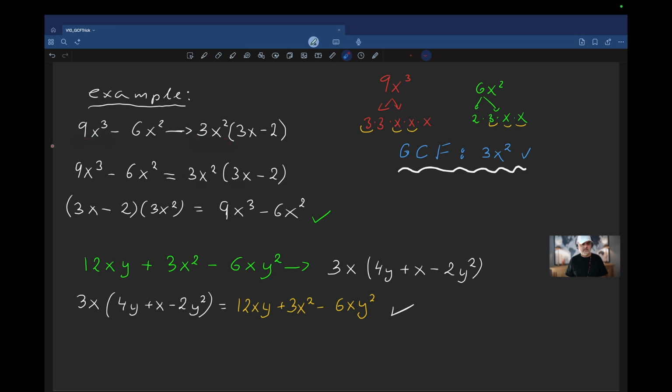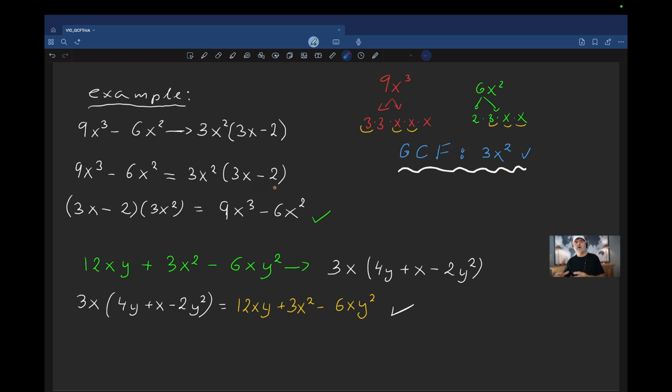If you divide 9x cubed by 3x squared, then in the process of division you have 3, and x cubed divided by x squared gives you 1x. And by the same analogy, if you divide negative 6x squared by 3x squared, you will get 6 divided by 3 is 2, x squared is gone, so you have negative 2.